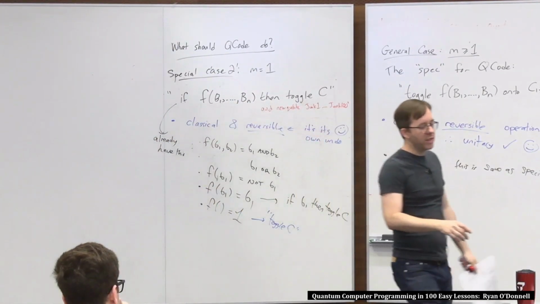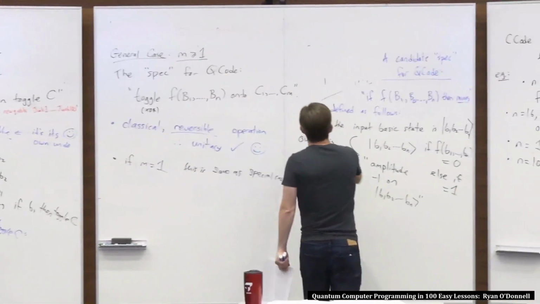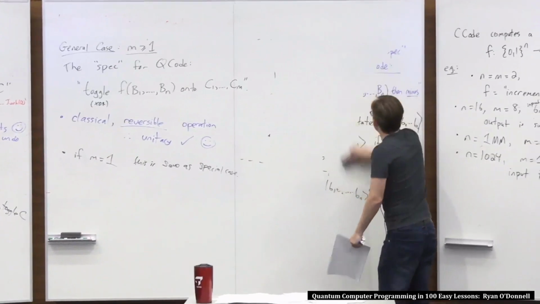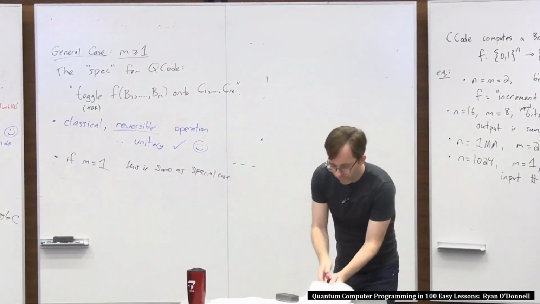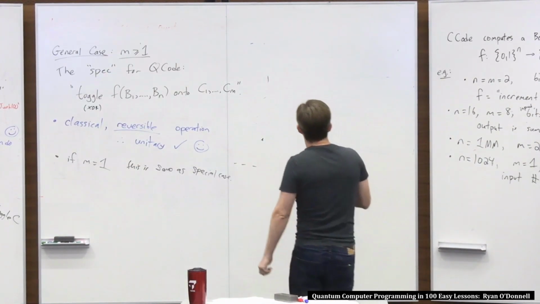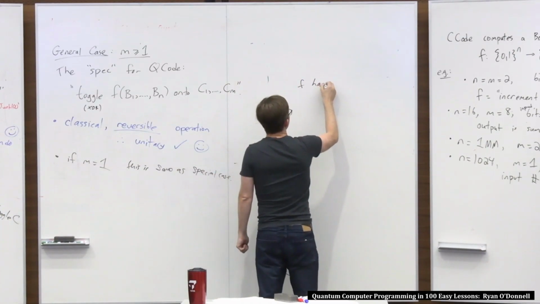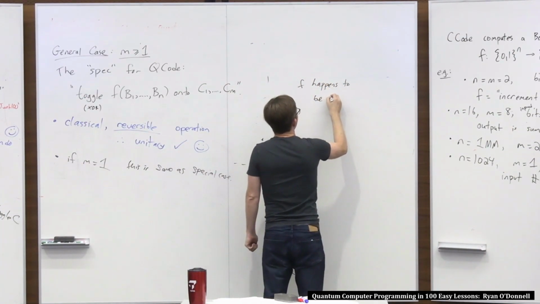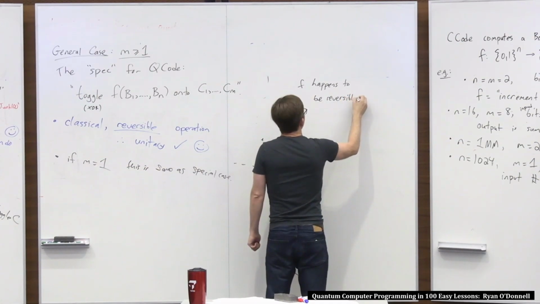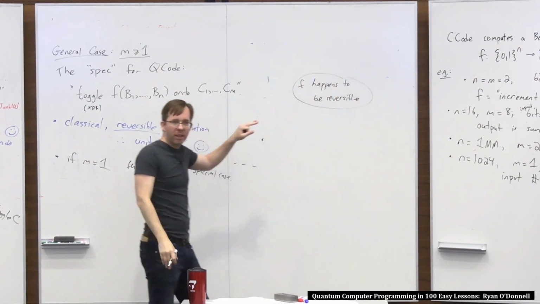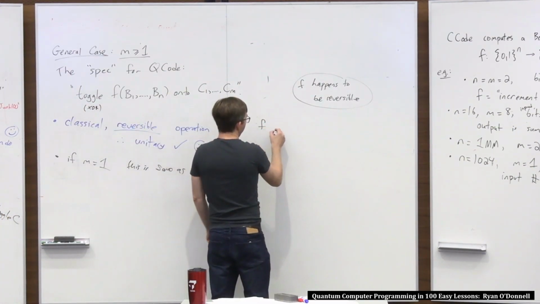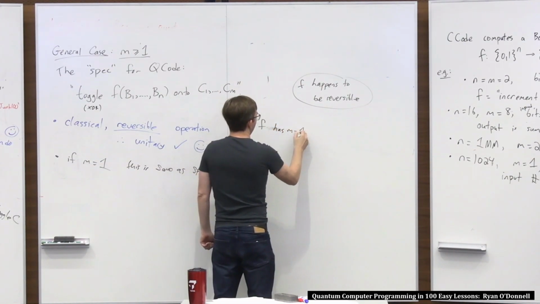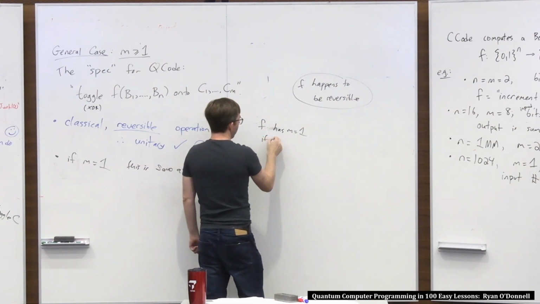So let me summarize what we've seen. We saw 3 cases, or 4 cases maybe. We saw f happens to be reversible. In that case, we'll generally take the quantum spec to be literally do f. Then we saw f outputs 1 bit, and we're using this if-then-minus thing.